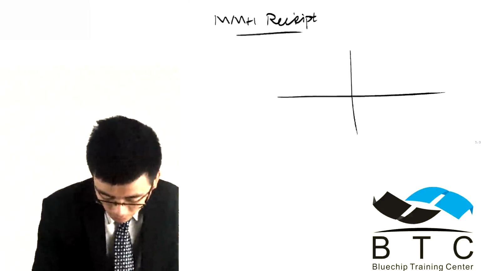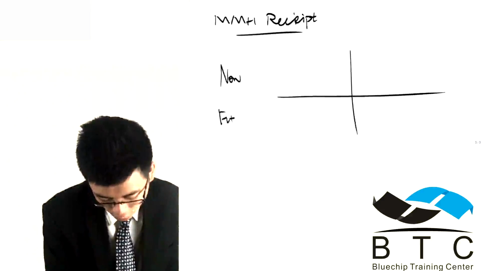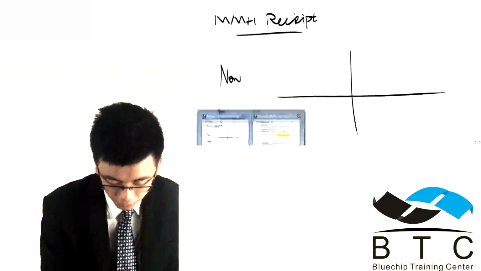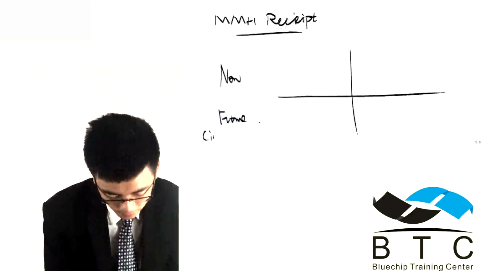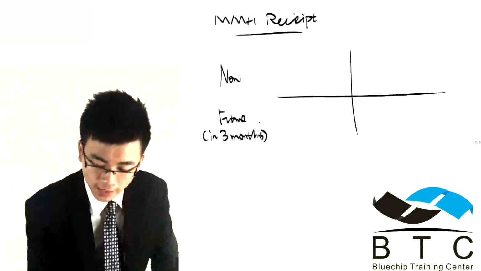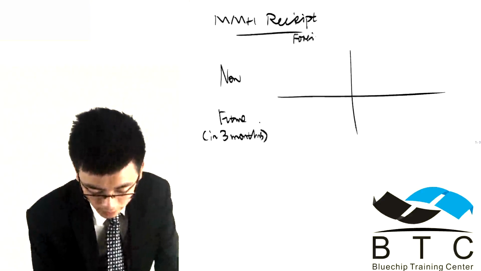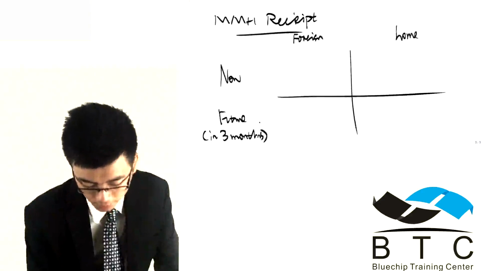So, we've got the future, and the future is in 3 months' time. Okay, and on the left hand side is the foreign, and the right hand side is the home.